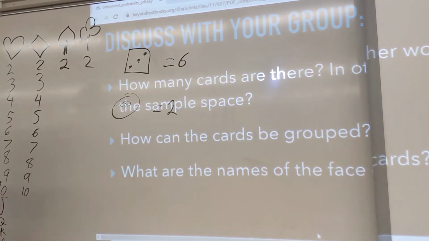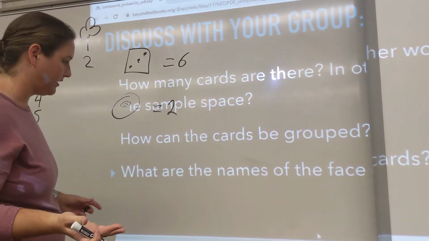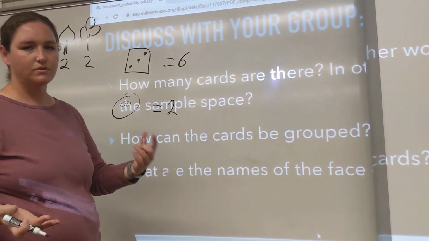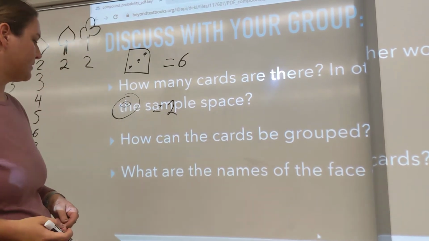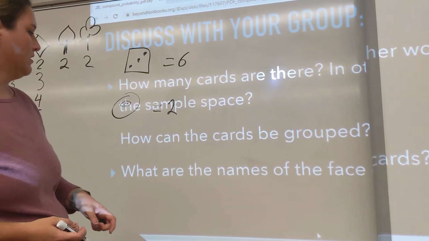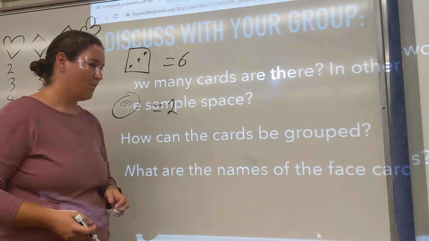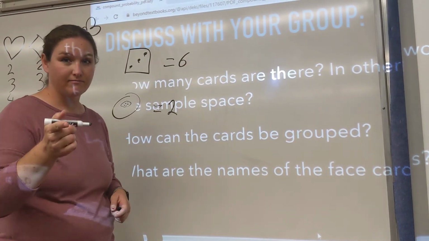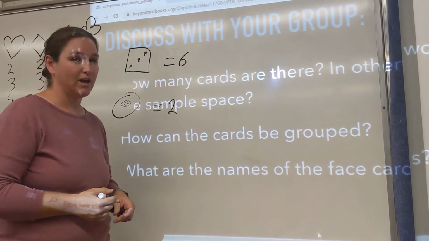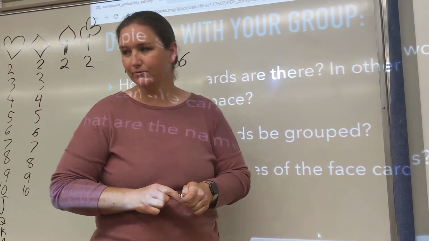We can group them together by face cards. Remember that Jack, Queen, King are face cards because they actually have a face on them. So those are some different ways to group them together. Oh, and that answers our next question. What are the names of the face cards? Jack, Queen, and King, right?